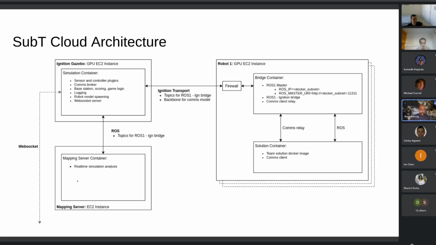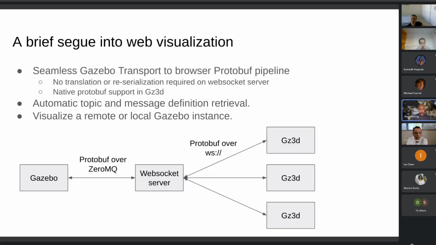And then there was also a special mapping server in a separate EC2 instance that allowed teams to submit mapping information. And coordination between simulation and CloudSim took place via WebSocket connection. A separate WebSocket connection was also used for visualization purposes, which I'll segue into right now.